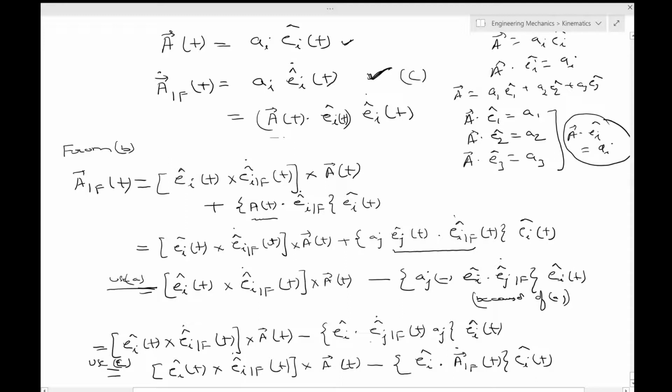So this particular thing has been written as A dot with respect to f using C.